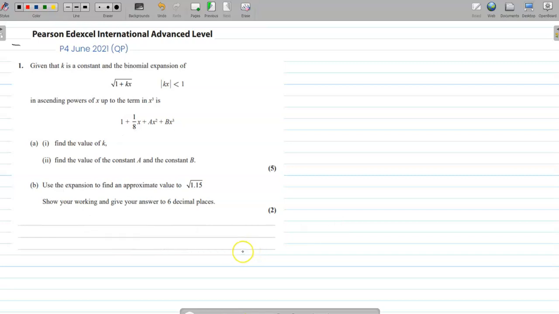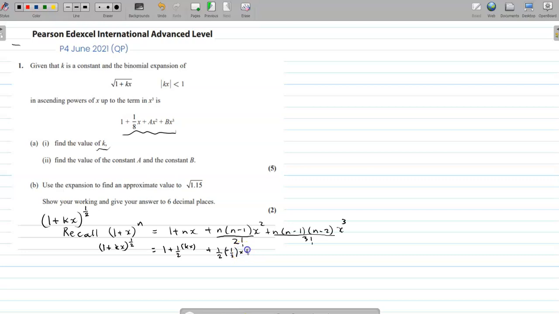There is just going to be 2, so times by a half, and then for x squared there is going to be (kx) all squared. The final bit now, and so on, the final bit there is going to be a half.